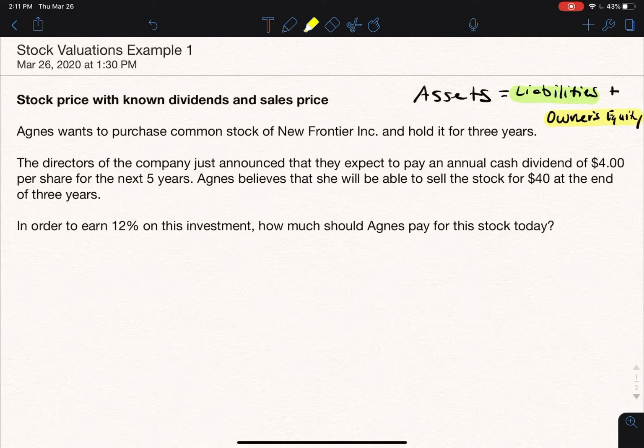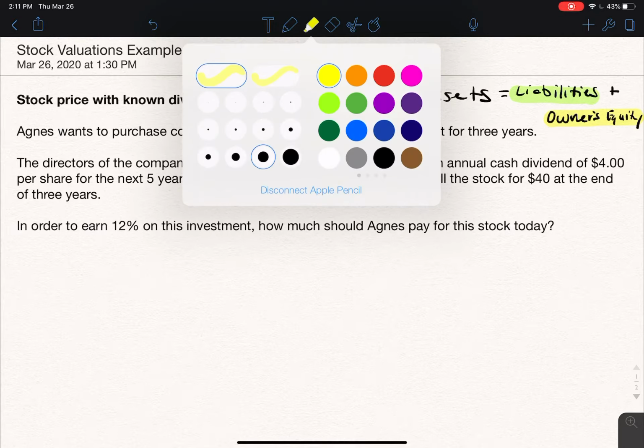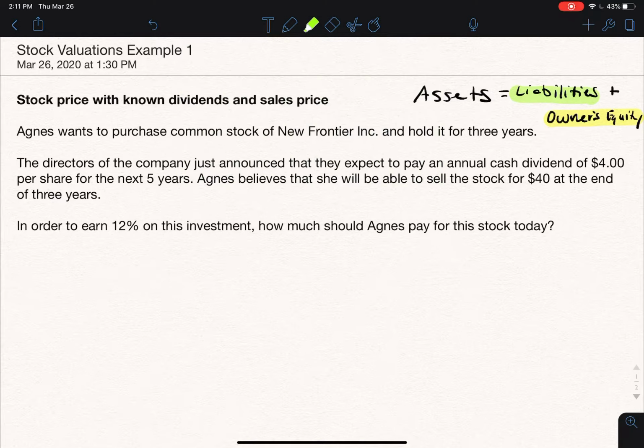And because there's more information that can affect the value of a stock, it forces us to use some different types of valuation depending on what information is being given to us. And this goes back to why I'm going to try to teach you as best as I can how to use buzzwords to kind of tell you what's being asked of you.